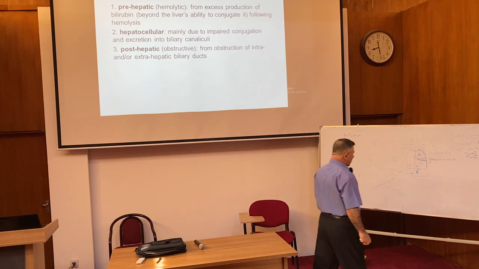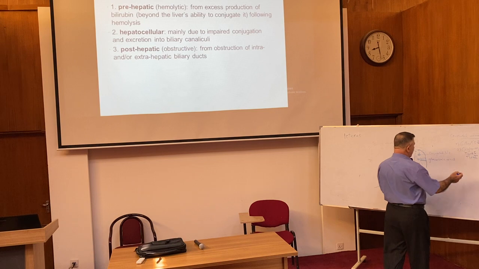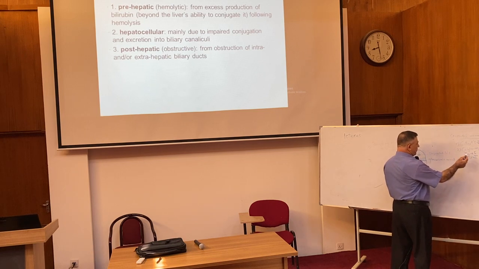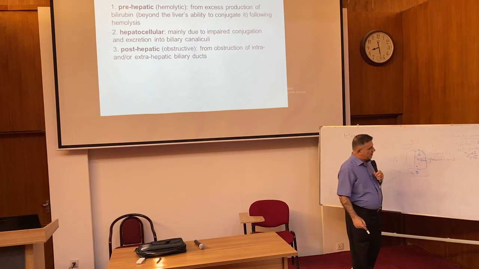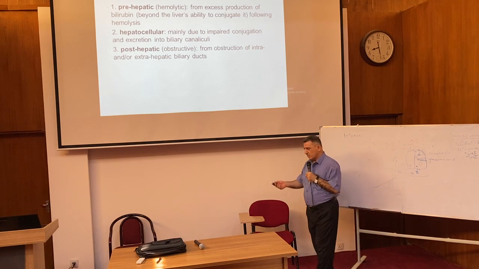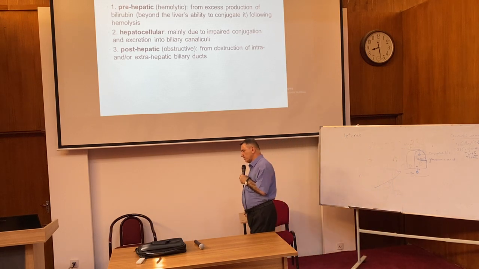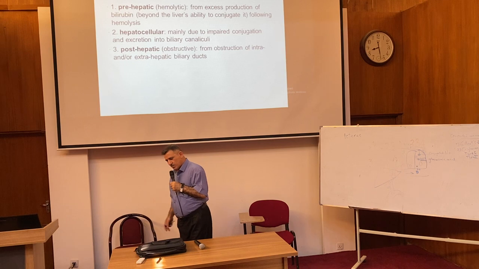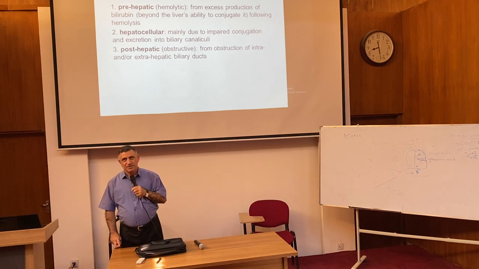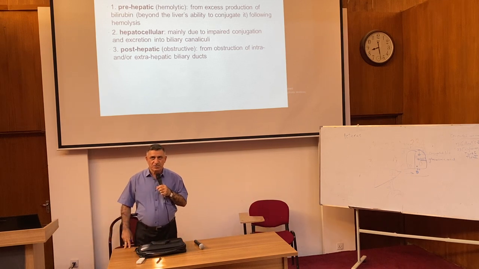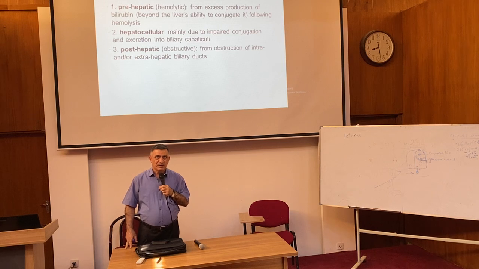As for Crigler-Najjar type 1, it is not compatible with life. The bilirubin is free in the blood, and it will precipitate in the brain and cause a condition called kernicterus.